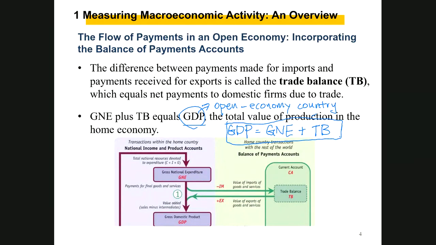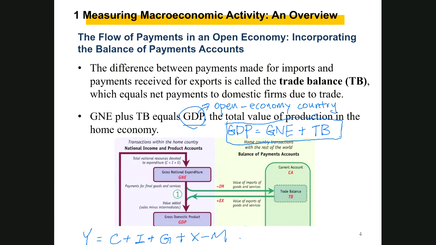Okay, so if you go back to macroeconomics textbooks, no matter which book you use, you definitely already learned this before, right? So what is Y equal to? You're supposed to have learned Y equals C plus I plus G plus X minus M before, right?